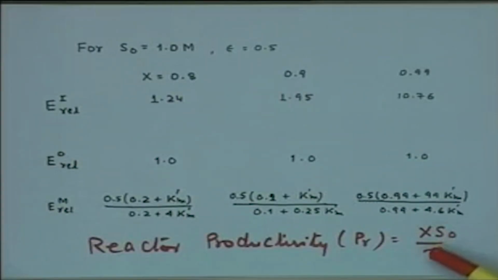Now, I was just trying to relate productivity and the quantity of enzyme or the space time. The quantity of enzyme required and the space time are almost analogous parameters. Their behavior on the basis of the fractional conversion required is identical, but the effect of the fractional conversion on reactor productivity is just reverse, because tau appears in the denominator, x S0 upon tau.